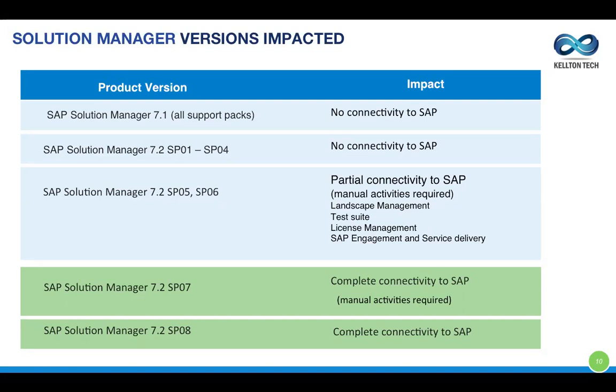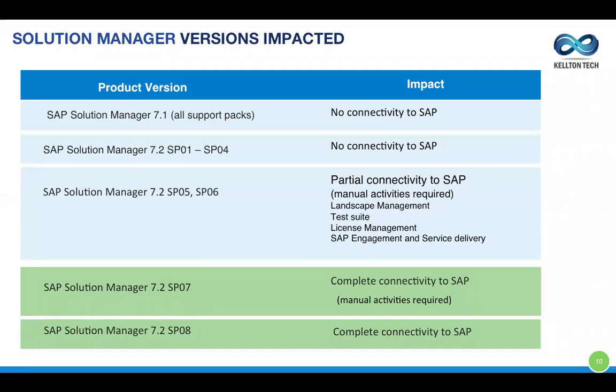Even if you're on Solution Manager 7.2, SP1 or SP4, you'll not be able to connect to SAP. You're somewhat okay if you're on SP5 or SP6, but that will give you only partial connectivity to SAP.